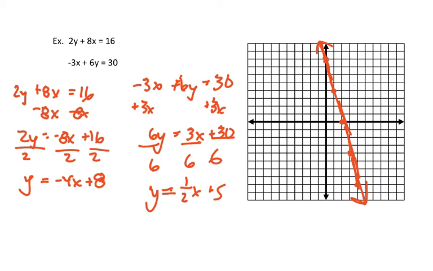We're going to start up 1, 2, 3, 4, 5. We're going to go up 1, right 2. That looks weird, huh? So we are going to go ahead and draw the line.